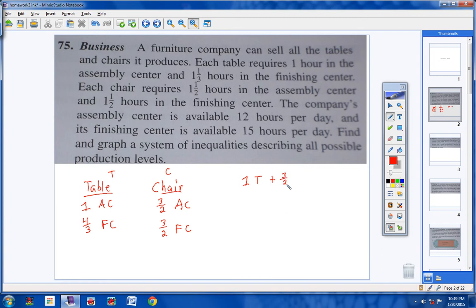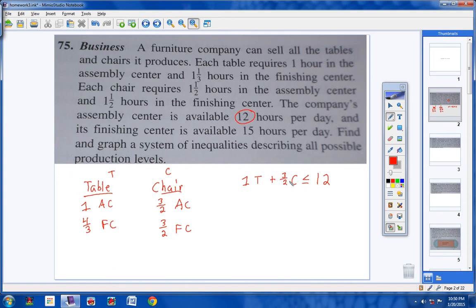So every chair gets multiplied by 3/2, and that must be less than or equal to 12 hours, because the assembly center is only available 12 hours per day. Does that make sense? Every table gets multiplied by 1 hour, because each table needs 1 hour in the assembly center. Each chair gets multiplied by 3/2, because each chair needs 3/2 hours in the assembly center.